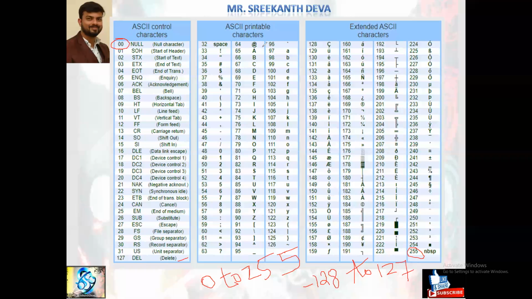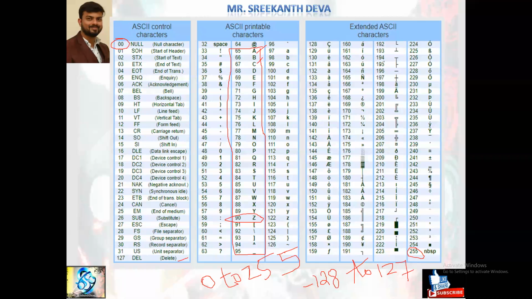But you can also observe here, the decimal value 65 represents capital A. Capital B represents 66, capital C represents 67, capital D 68, capital E 69, capital F 70, capital G 71, and so on up to capital Z, which is 90. Just remember this point: in the ASCII chart, capital A is 65 up to Z 90.